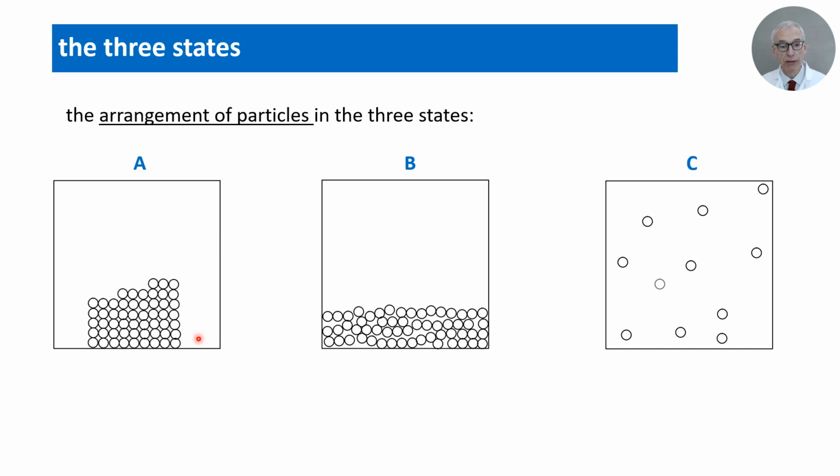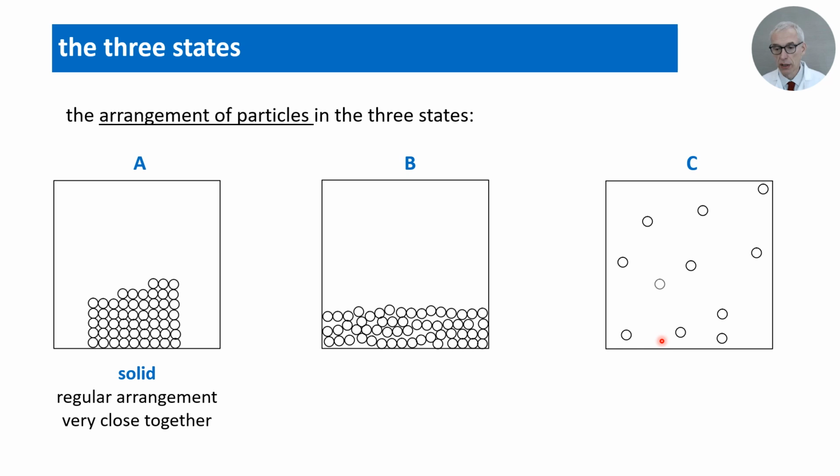So here we have state A, state B, and state C. What is the wording using kinetic theory to describe the arrangement of particles in the solid? Let's look at an example. We would say in the solid we have regular arrangement and the particles are very close together. Using that sort of analysis, describe the particles in a liquid and describe the particles in a gas.